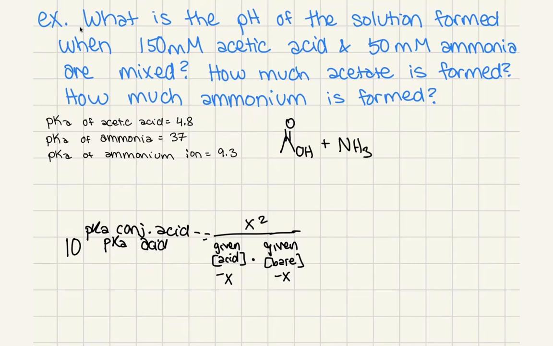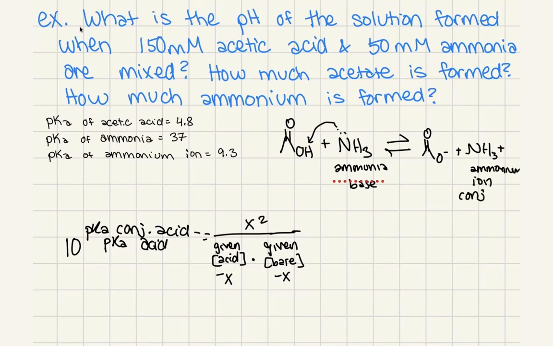And now what's going to happen is our ammonium ion is going to grab onto that proton, and we're going to get an equilibrium reaction where we have our acetate plus our ammonium ion. So this is going to be our ammonia, and this is going to be our base, and this is going to be our ammonium ion, and this is going to be the conjugate acid of that base.